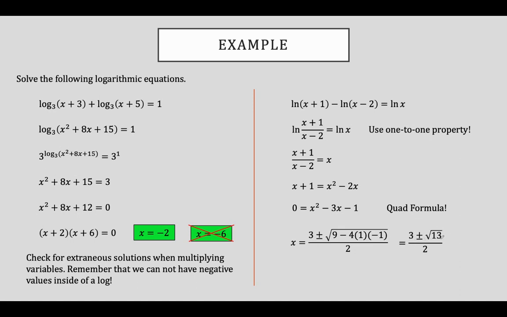That's going to give me a negative. And if I try to plug a negative in here, I'm going to get a negative inside of this log. So 3 minus root 13 over 2 cannot be a solution, meaning we only have one answer, 3 plus root 13 divided by 2. The other one would give me a negative inside of a log, and we must make sure we check for those extraneous solutions.